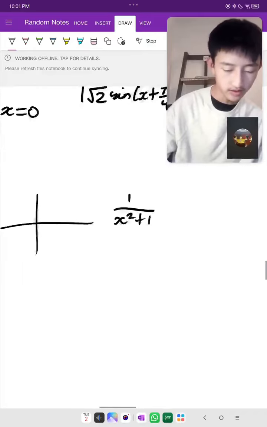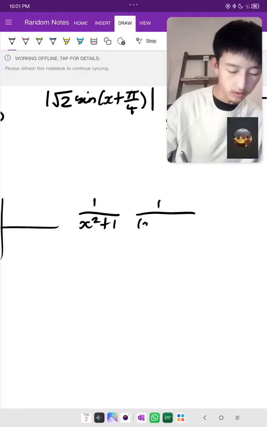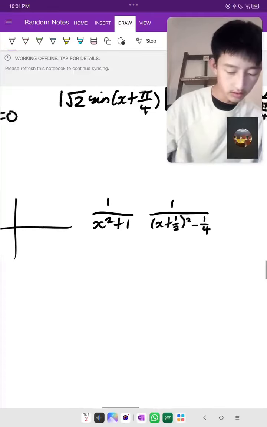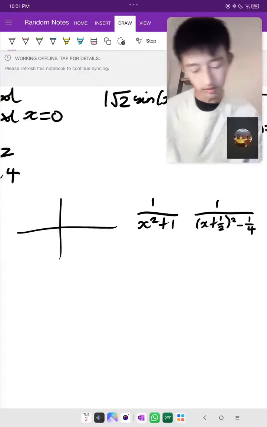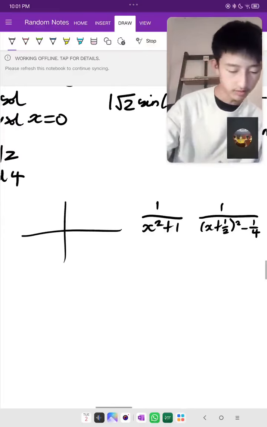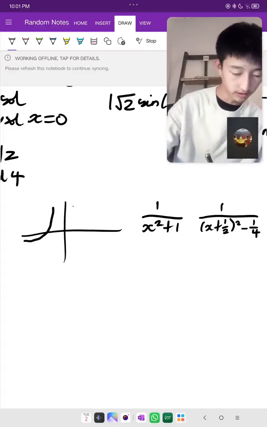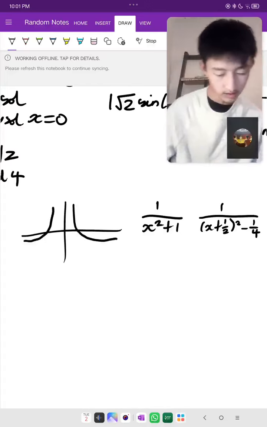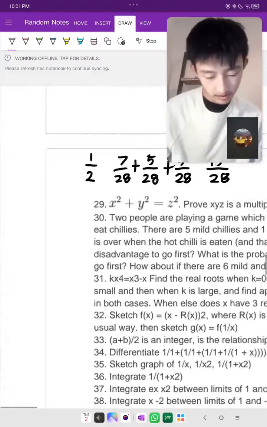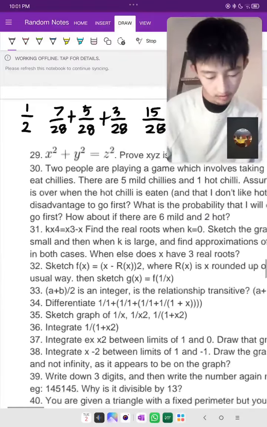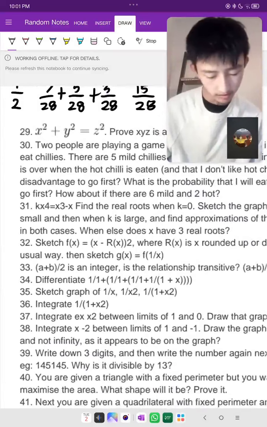I can complete the square, so 1 over x plus a half squared minus a quarter. So that's just going to be 1 over x squared, but shifted left by a half and down by a quarter. So it's something like that, I presume. And I think I'm going to leave it there, having done 35. I'm tired.